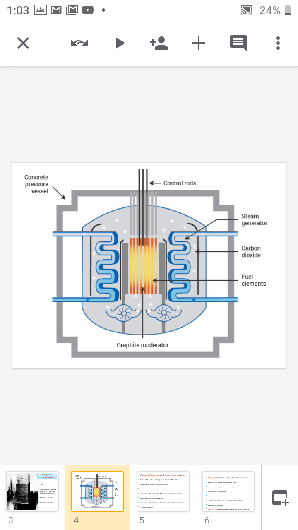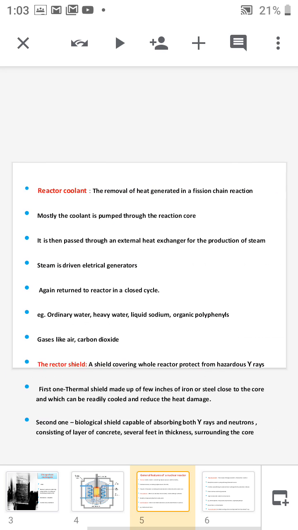And above the figure we can see the control rod in black color, and between this we can see a blue colored pipe that is a steam generator which is used as a coolant. So the reactor coolant is used to remove the heat generated in the fission chain reaction.